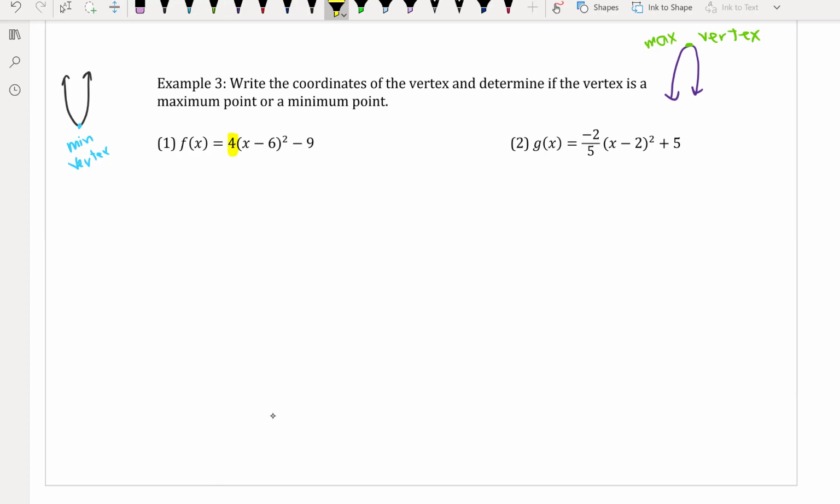So here is my a value. Here a is equal to 4, which is positive. Which means I have a positive happy parabola. That means that my vertex is going to be a minimum point.